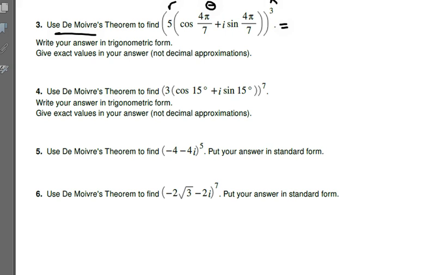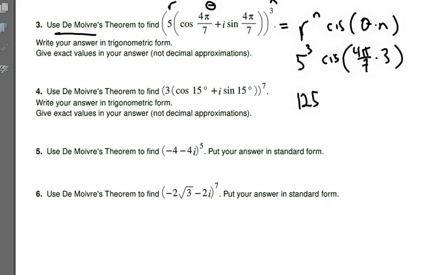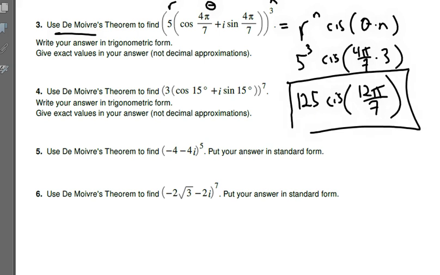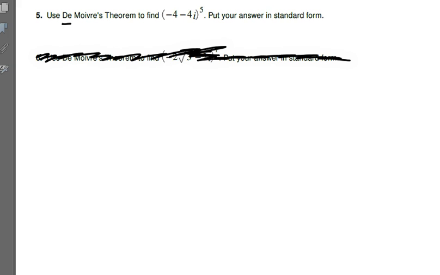So using that power formula, it's going to be equal to r to the n cis theta times n. So 5 cubed cis 4 pi over 7 times 3. So the final answer will be 125 cis 12 pi over 7. And that's all we have to do.